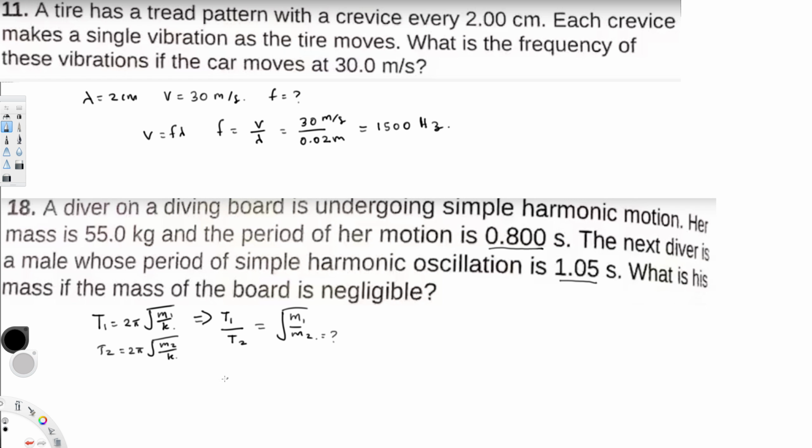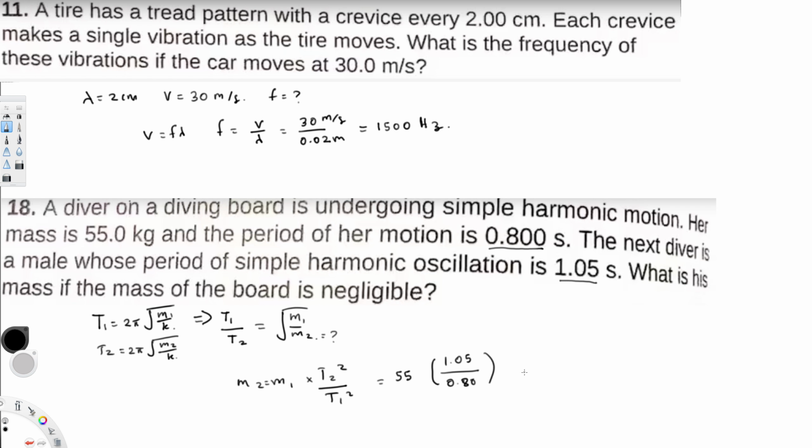So if I square both sides, this one comes out to be m2 is equal to m1 times T2 square over T1 square, and we have the mass of the first person, that is 55 kilogram, and we have the period of the second person, that is provided 1.05 second, divided by the period of the first person, that is 0.80.